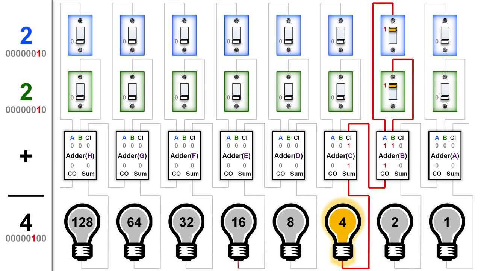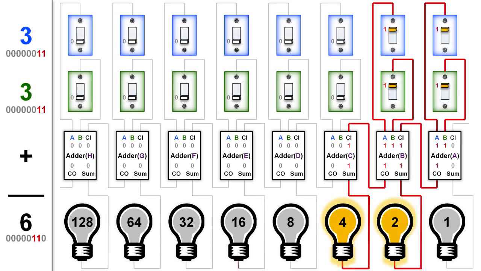Let's look at 2 plus 2. In adder A, none of the inputs are on in this case, so neither the sum nor the carry-out wire is on. Adder B, though, has inputs A and B on, so the carry-out wire from adder B is on, which then becomes the carry-in wire to adder C, causing the 4 light bulb to light up, showing that 2 plus 2 equals 4. 3 plus 3 causes adder A on the far right to carry out a 1, which then causes adder B to have to add 1 plus 1 plus 1, which in binary equals 1, 1.